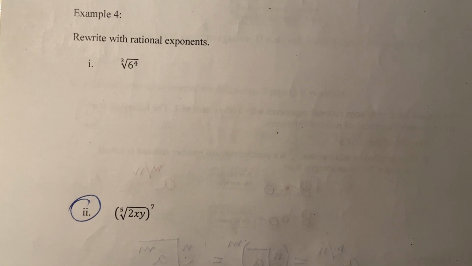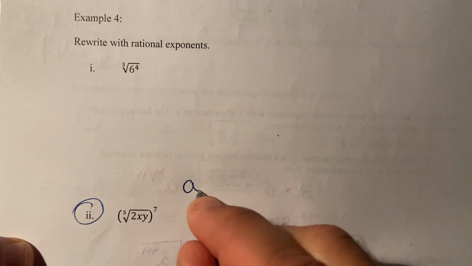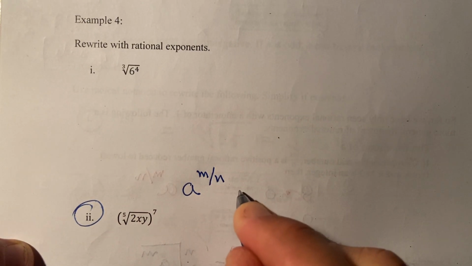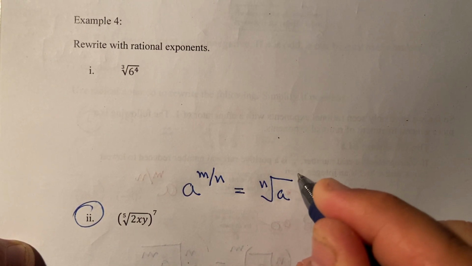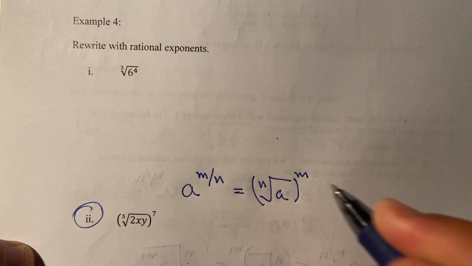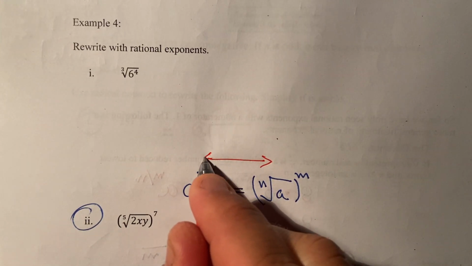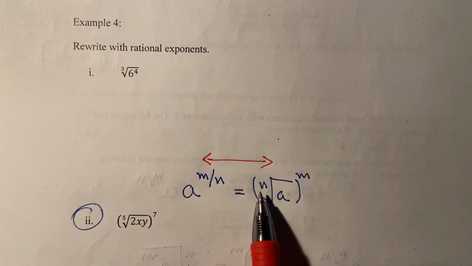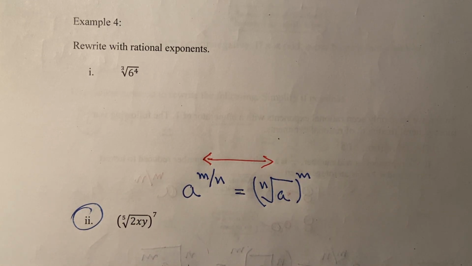Rewrite with rational exponents. So I'm going to page 74. So just like we can go from a to the m over n to the nth root of a to the m, we can go this way, right? So again, it's bidirectional. So we're just going left to right, but it's also true to go right to left.